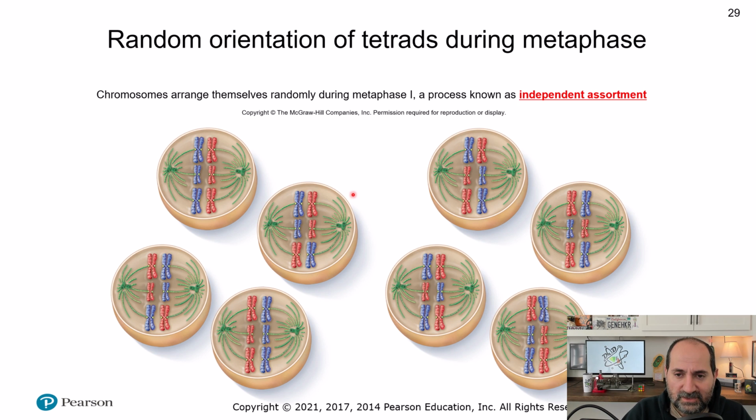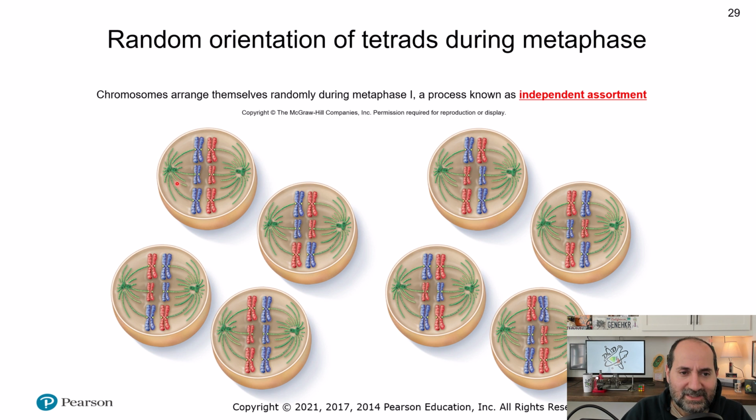If you take a close look, you'll notice that the reason they drew 8 different versions of this cell in metaphase I is because the tetrads are lined up in different orientations.